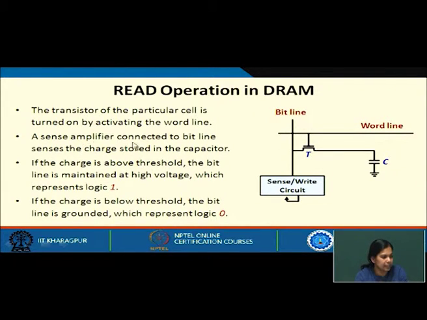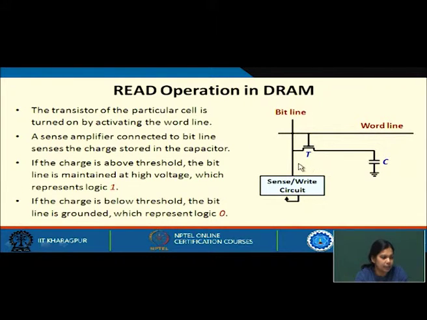Now, we have a sense amplifier connected to the bit line, and it senses the charge stored in the capacitor. Once this is on, there is a connection between this bit line and the capacitor through this transistor.